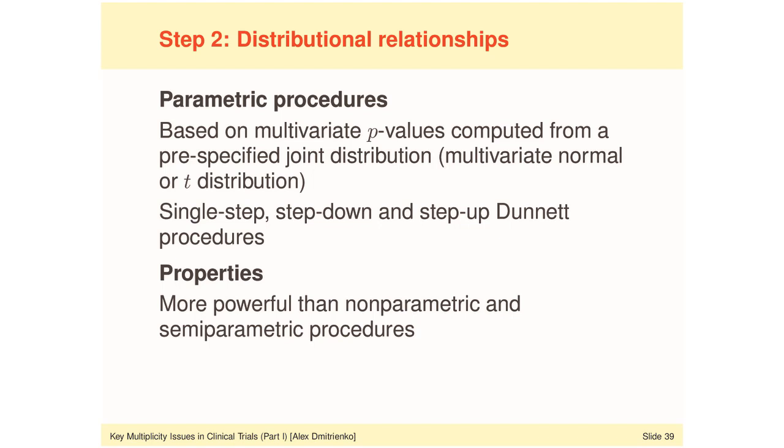Parametric procedures rely on multivariate p-values that are computed from those pre-specified joint distributions. And when we say parametric procedures, we typically immediately think of the Dunnett procedure developed by Charles Dunnett back in 1955, but there are also multiple related parametric procedures.